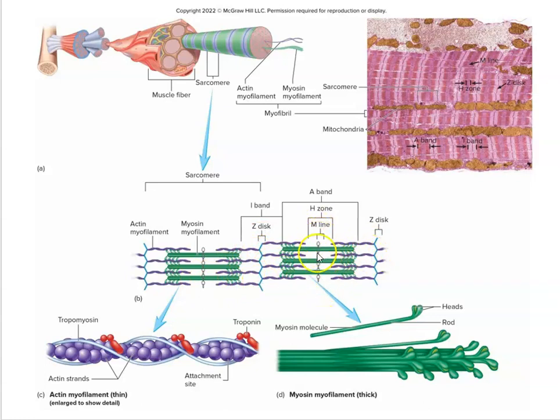Middle is the M line, which forms an attachment for myosin of the thick filament, pointing out, opposite direction, towards each Z-disc. So, again, M for middle, M for myosin. Maybe think Z for the ends. Z is at the end of the alphabet, Z-disc is at the end of the sarcomere.